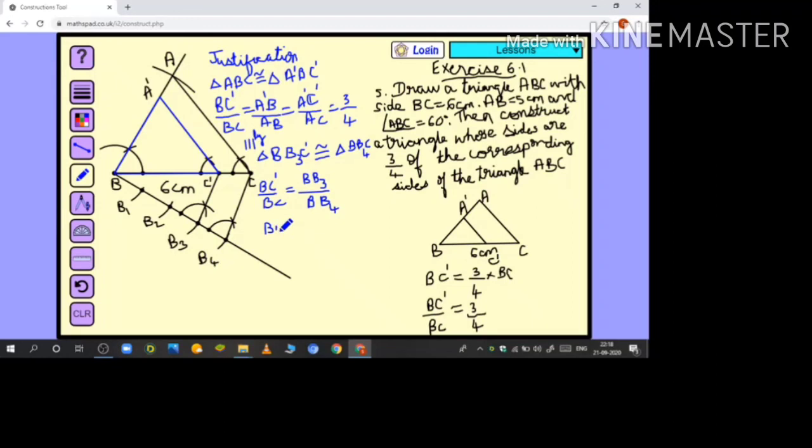One more step you can write: it is equal to B3 C dash divided by B4 C, which is equal to 3 by 4.